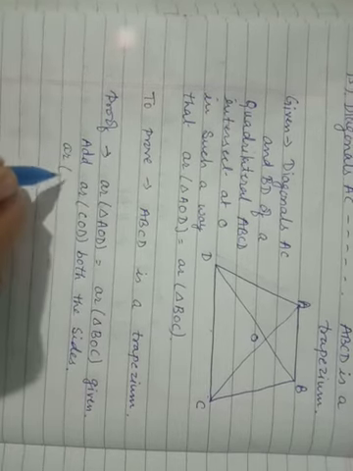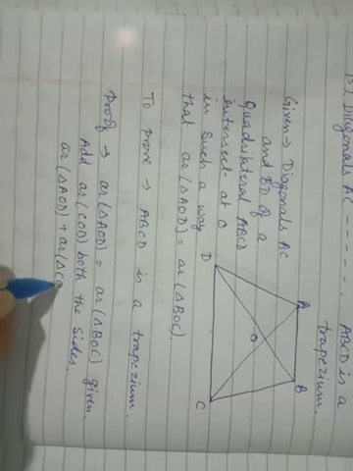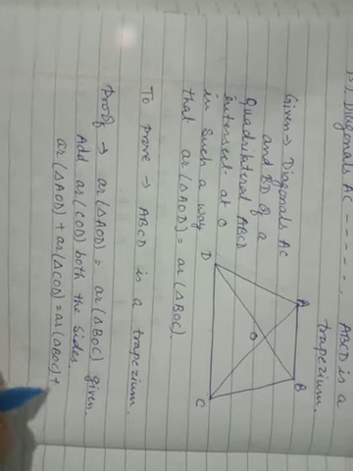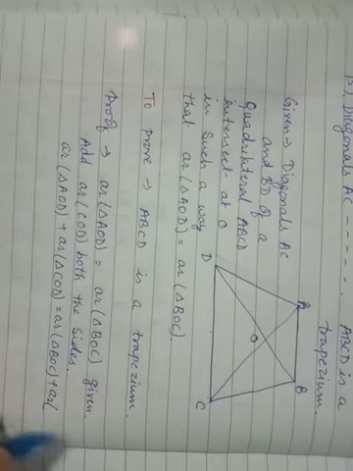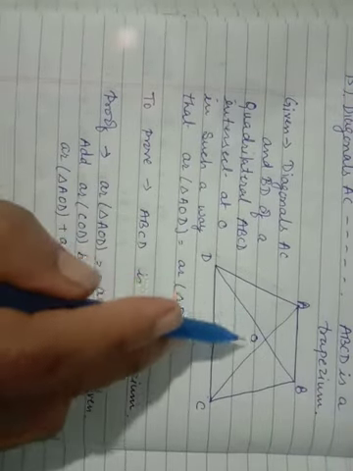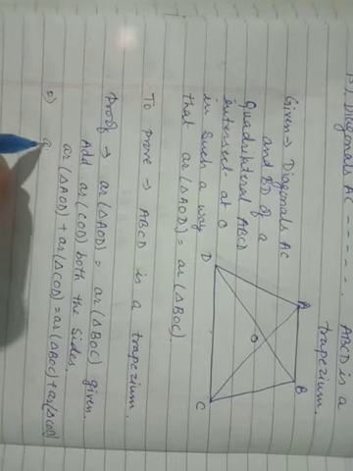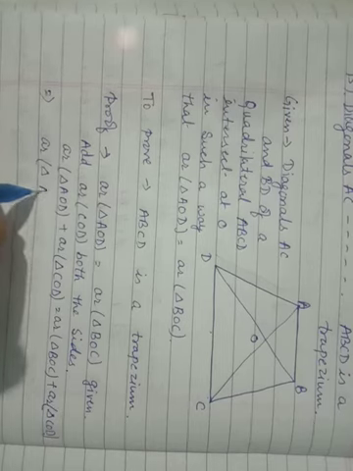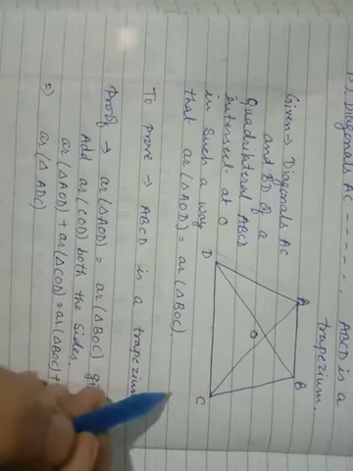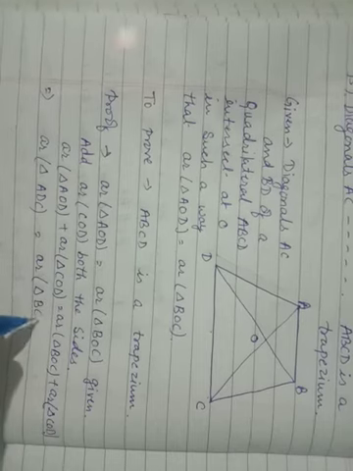So we will get area of triangle AOD plus area of triangle COD is equal to area of triangle BOC plus the same area COD. So if in this AOD we add this COD, we will get ADC. So we will get area of triangle ADC, and in this if we add this area, we will get area of triangle BCD.